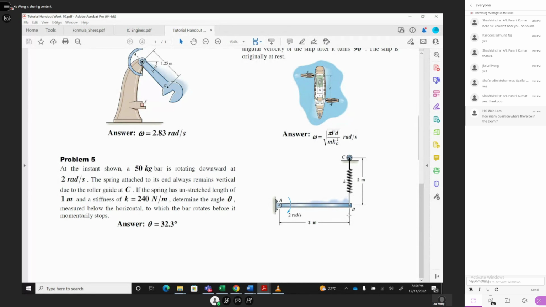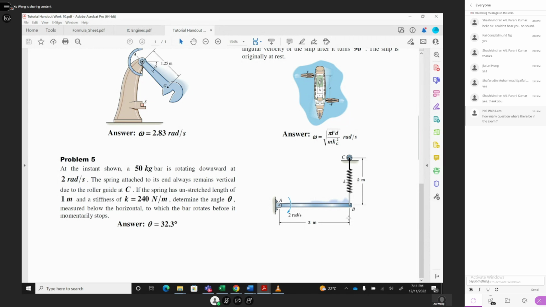Again, in this position you have MGH, where H is the center of gravity position. So it should be half of this L AB sine theta, because L AB times sine theta is the displacement here, but you look at the center of gravity position. So half of this displacement is the H in MGH. Plus the kinetic energy of this bar and plus the potential energy of the spring in this first position, and then equal to the end position, which has another spring potential energy.